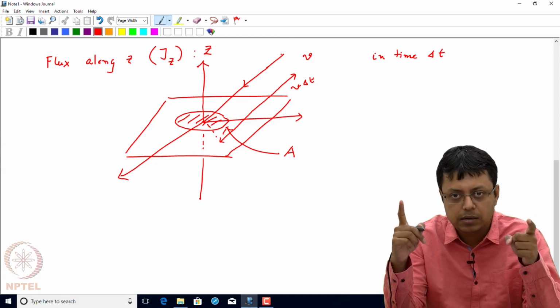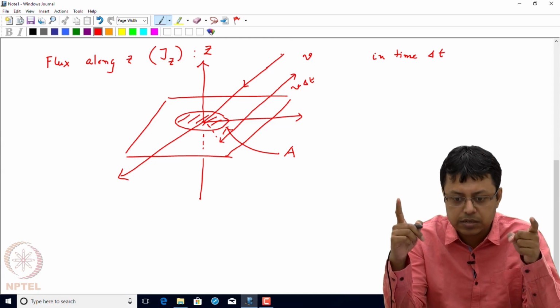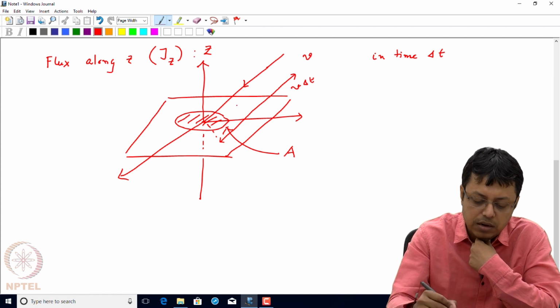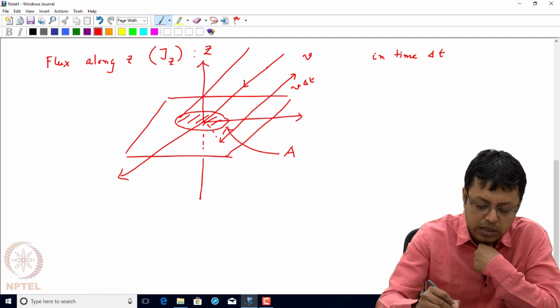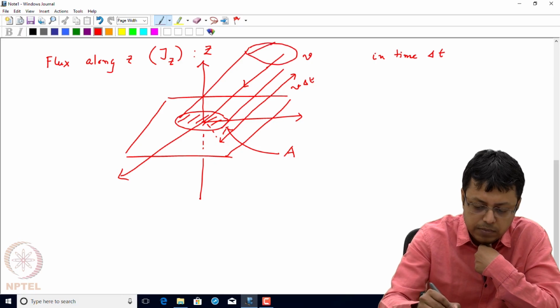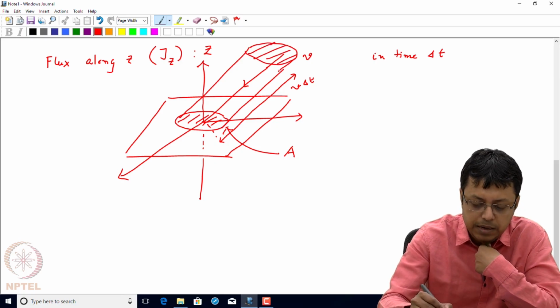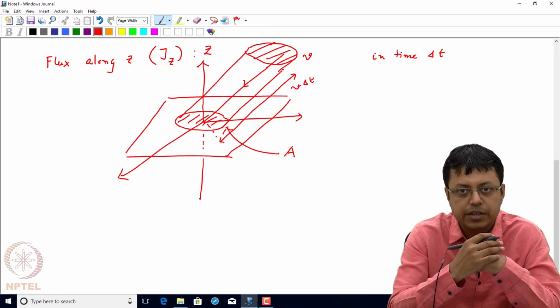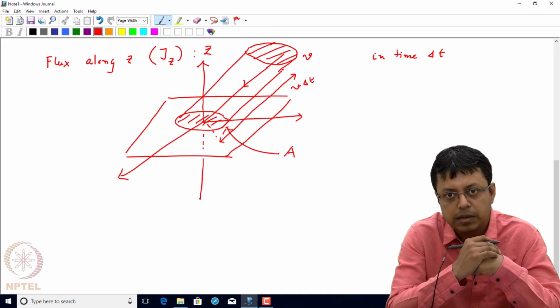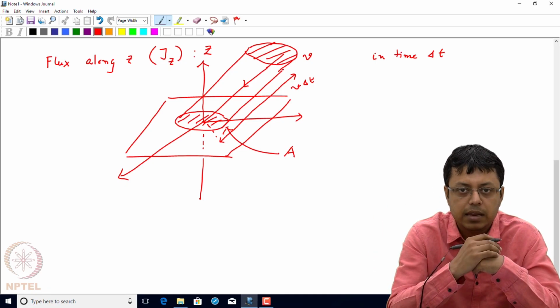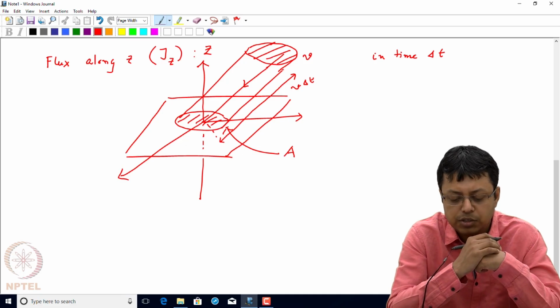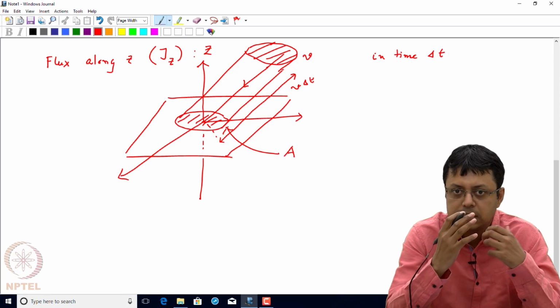Speed into time interval is nothing but the distance traveled. So those molecules lying within this cylinder, with speed of magnitude v in that direction, will come and strike this shaded region, which has a cross section of A. It is as simple as that.